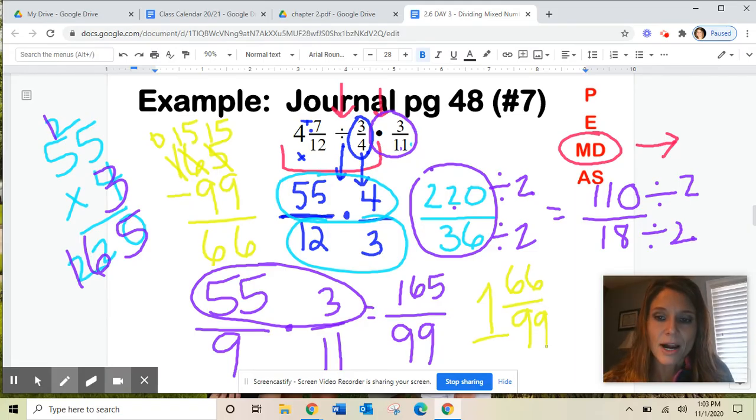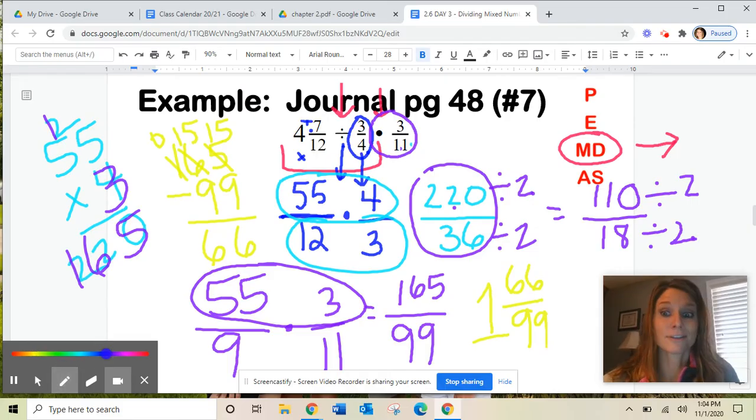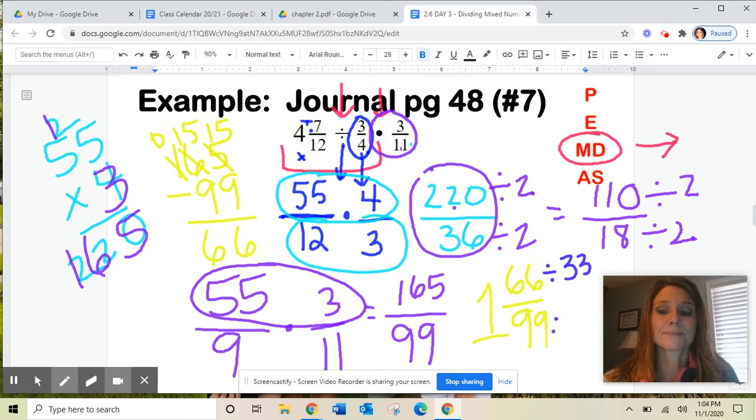And I know that I could divide these by twos. No, not twos, because 99 is not even, but I could do threes. I could also do 11s, and I can also do 33s. And so since the greatest common factor is 33, I'm just going to jump to that and save me some effort.